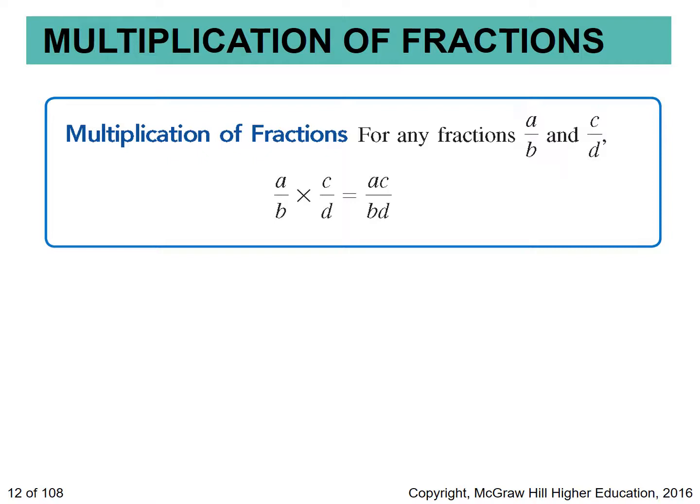If I take a fraction a over b and multiply it by c over d, I just multiply my numerators, multiply my denominators, and that gives me my new fraction. Now always, once you get to a final answer, reduce if you can, but if you can't, don't worry about it.